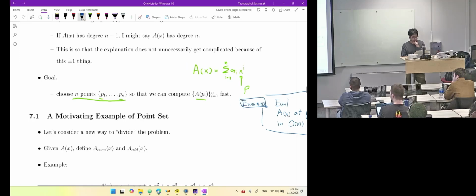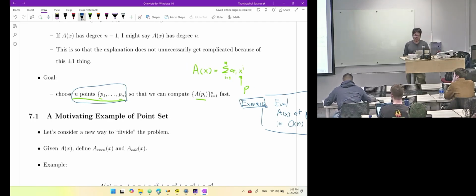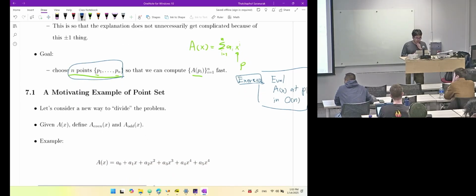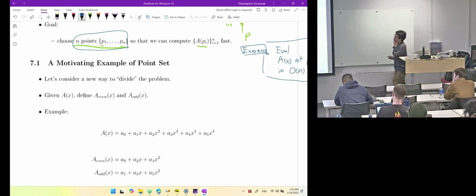This point set will need to be carefully chosen, actually. Let me tell you how to choose it. What we're gonna do is consider a new way to divide the problem. We used to divide the problem, given A, into a high part and a low part. Now let's do it differently.